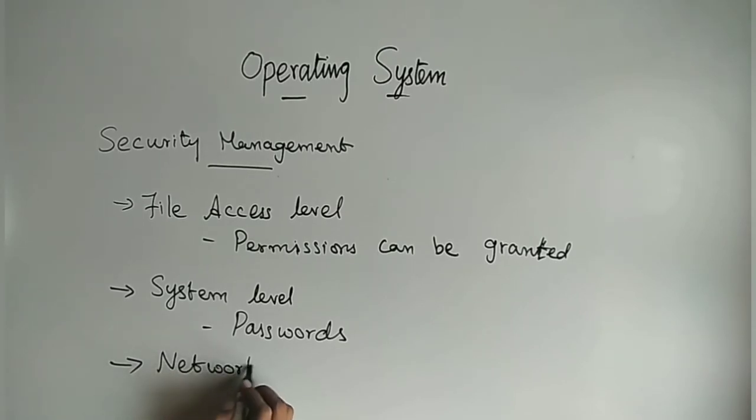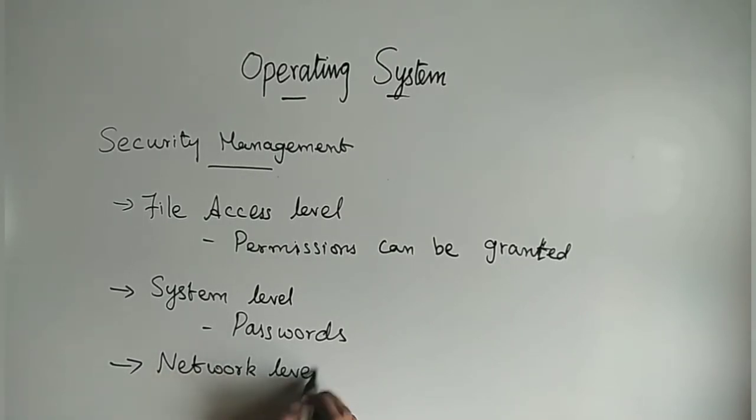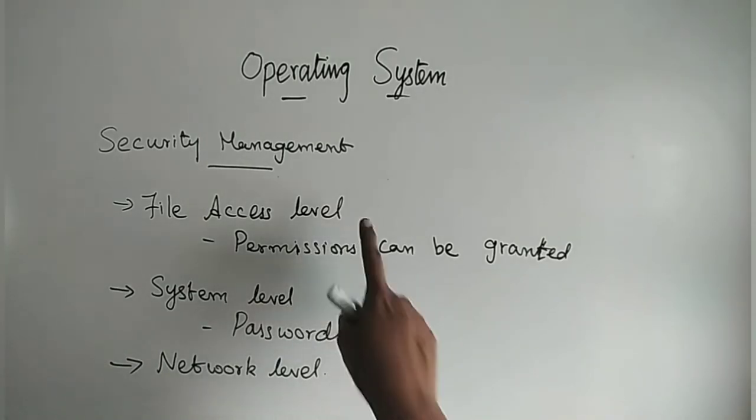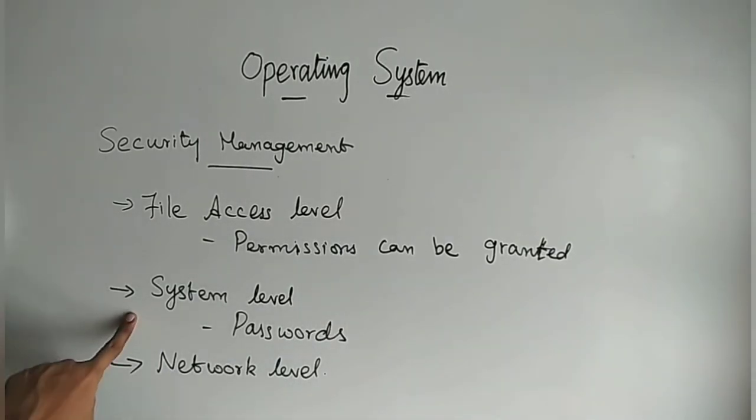First, the security is for a single file. The next one is for your whole system. And the next one is for your system throughout the network. How is it going to give this? It is going to give a wide way of security. How can the security be given?